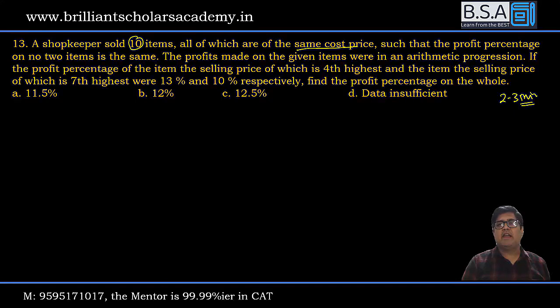Profit made on the given items were in arithmetic progression. If the profit percentages made on the item whose selling price is 4th highest and the item whose selling price is 7th highest were 13% and 10% respectively, find the profit percentage on the whole.